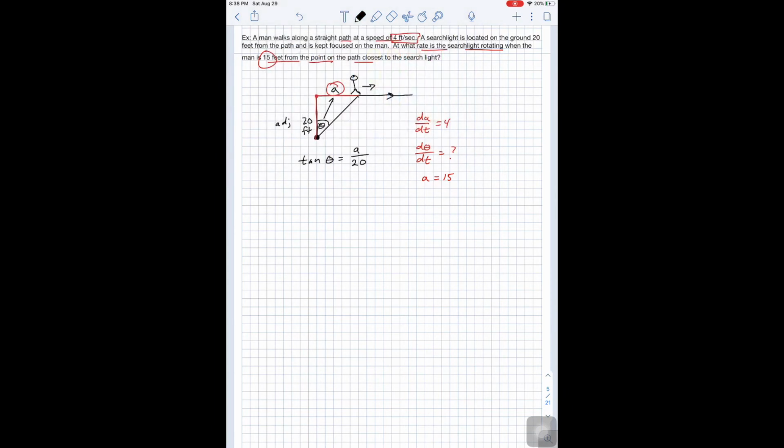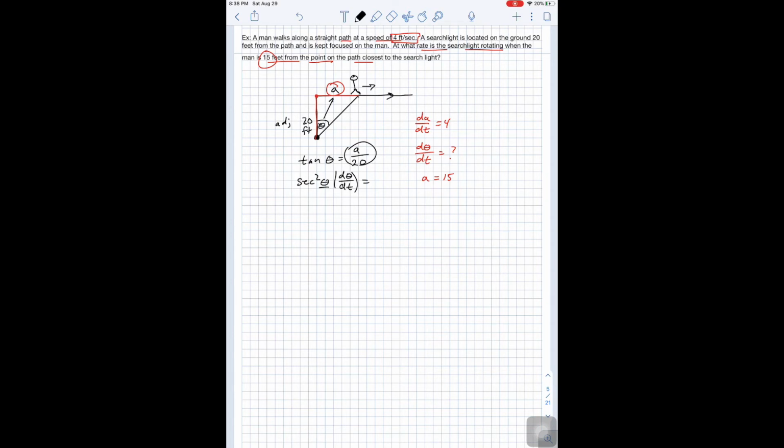All right, let's take the derivative. The derivative of tangent is secant squared. And don't forget that it's a chain rule, so derivative of the outside function is secant squared, evaluated at the inside function, times the derivative of the inside function. Okay, so you've got to have that label on it.